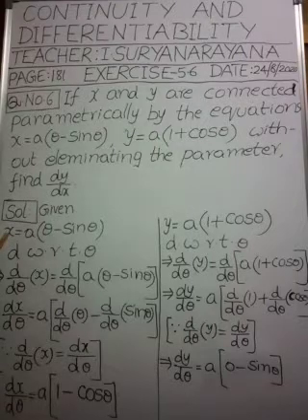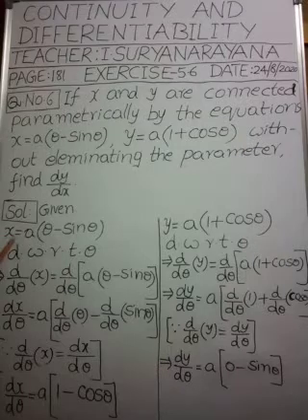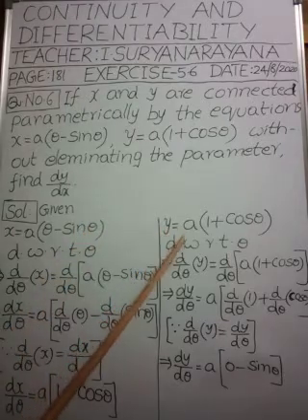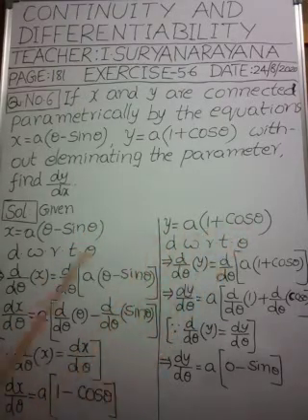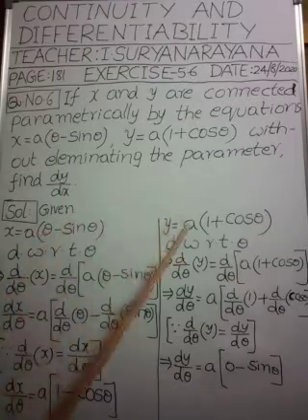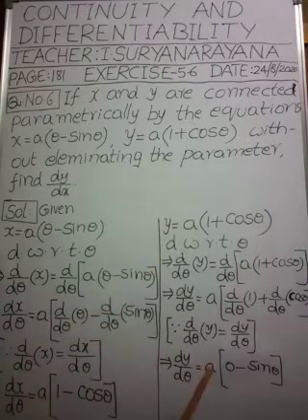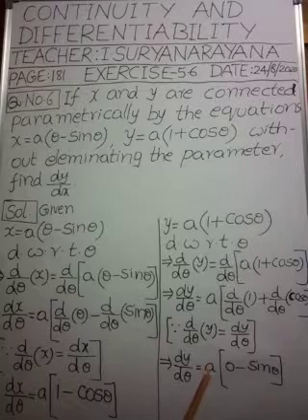So first we write the given parametric equations. x is equal to a into theta minus sine theta, y is equal to a into 1 plus cos theta. I wrote the two parametric equations separately, and this side I am finding differentiation, and this side I find differentiation separately.